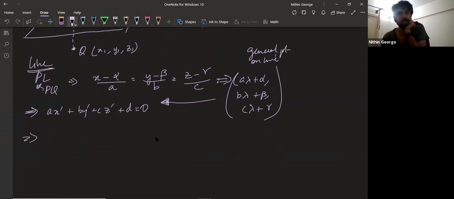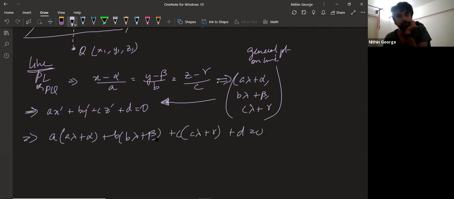So what do we do here? Put this into this. I get A into A lambda plus alpha plus B into B lambda plus beta plus C into C lambda plus gamma plus D equal to 0.